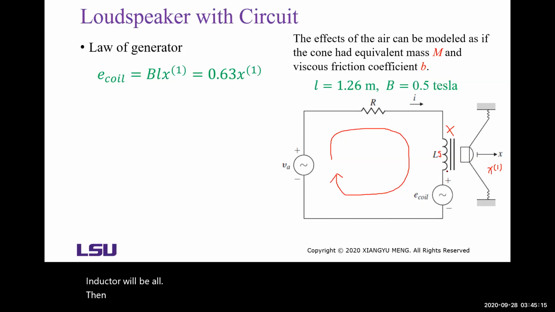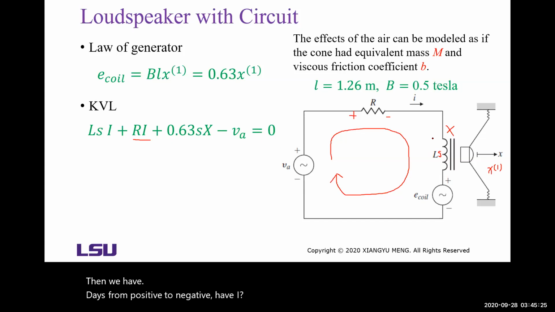Then from positive to negative, we have Ri. This one we have LsI, also from positive to negative. Then we have the voltage due to the law of generator, the voltage across the coil. That will be 0.63 sX if we apply the Laplace transform. Then for the voltage source, it will be minus VA. This is called the voltage law.